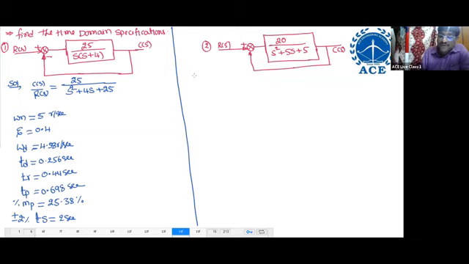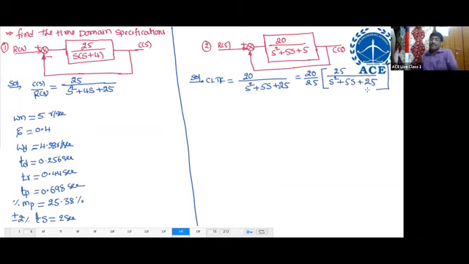First find the closed loop transfer function. So what happened? 20 divided by S square plus 5S plus 25. It is not in standard form. Then 20 by 25 divided by 25 by S square plus 5S plus 25. Now come on, get the omega n.